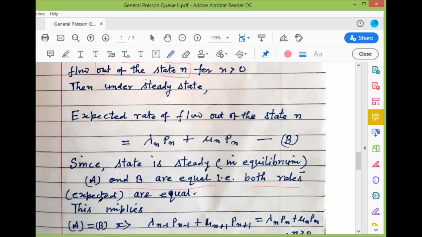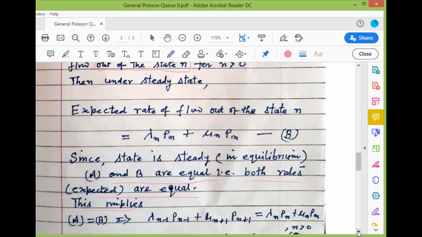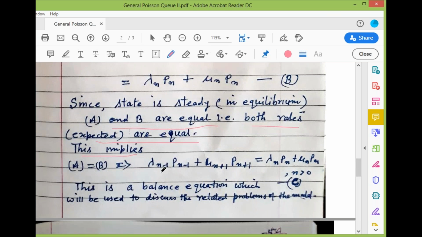Both rates are equal. This implies what? A is equal to B. A is equal to B means this part, left hand side and right hand side, they are A and B. They are equal. This is called or known as balance equation.